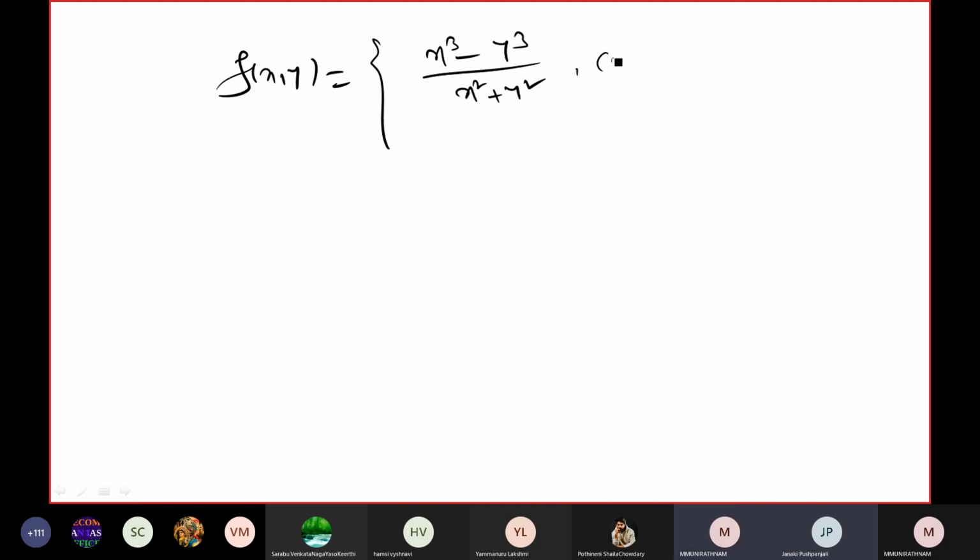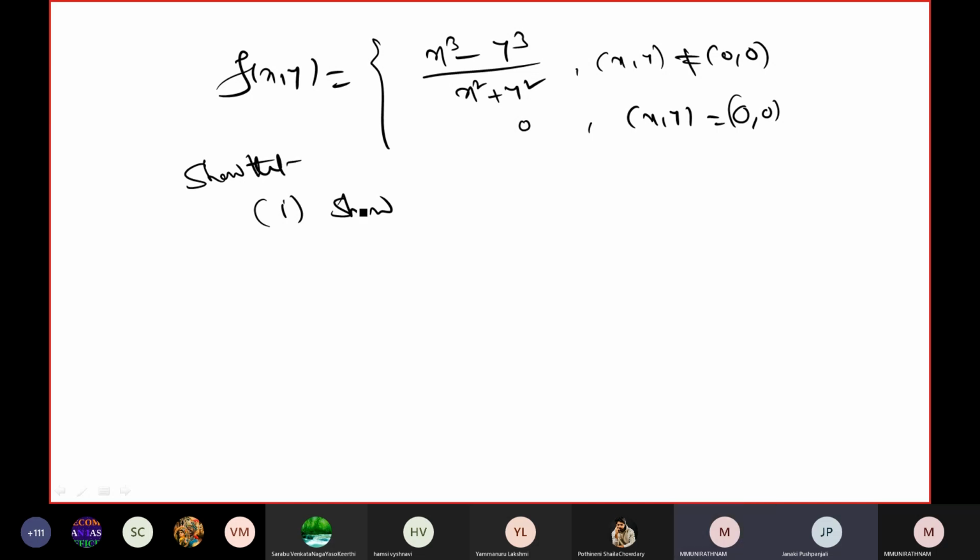now the problem చేద్దాం. F of x comma y equal to x cube minus y cube by x square plus y square, x comma y not equal to 0 comma 0; 0 if x comma y equal to 0 comma 0. First question, show that f is continuous at 0 comma 0.